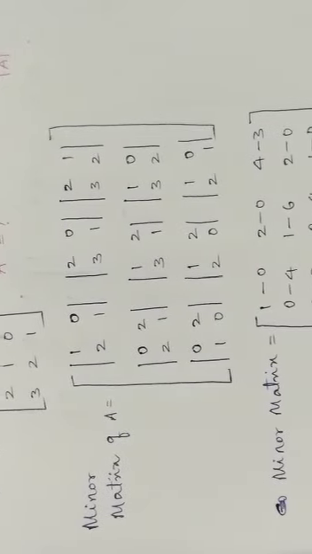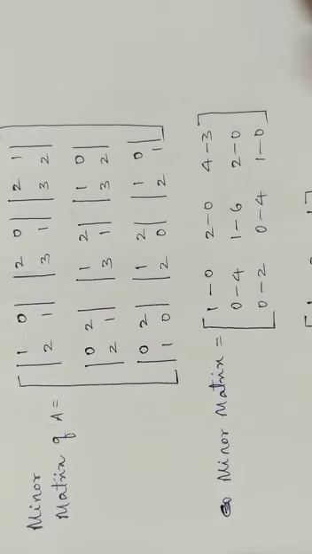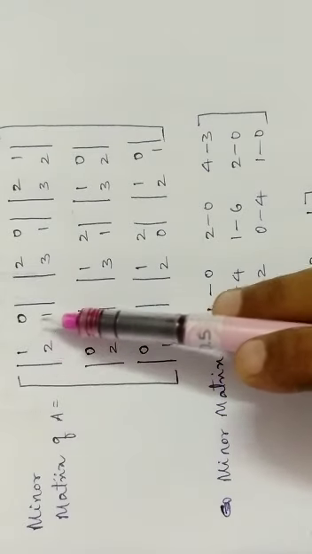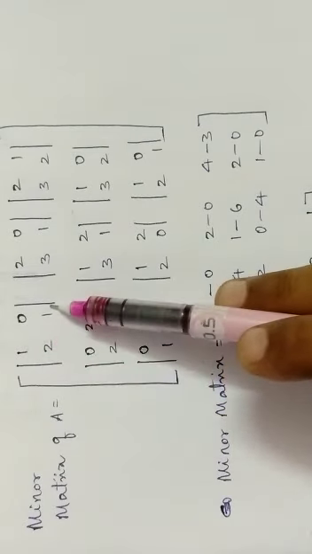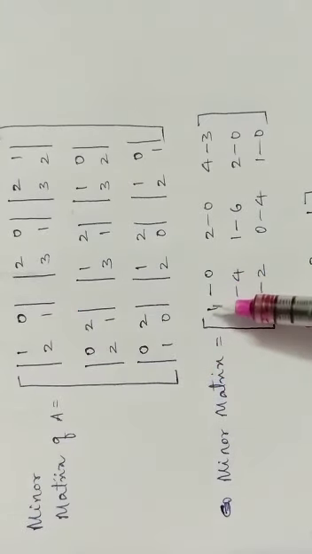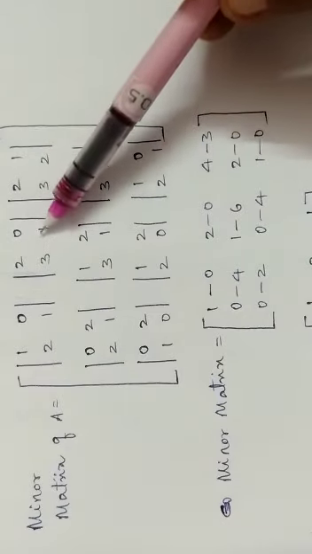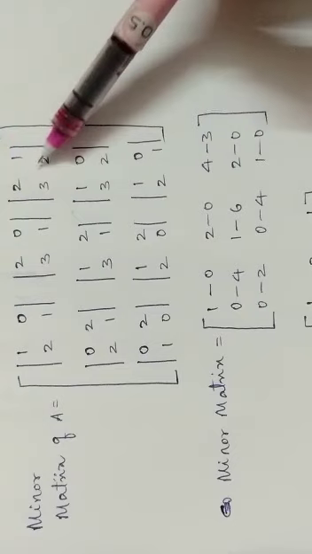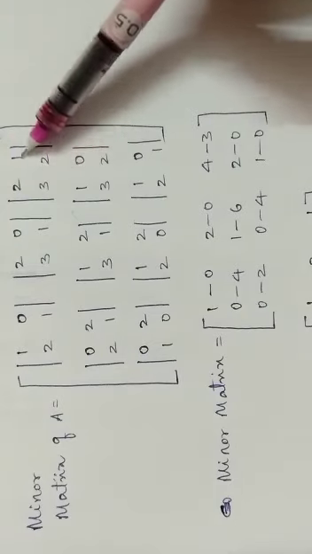Now, in the next step, we do AD minus BC. AD: 1 into 1, 1, minus BC: 2 into 0, 0. 1 minus 0. 2 1s are 2, minus 0. 2 2s are 4, minus 3 1s are 3.